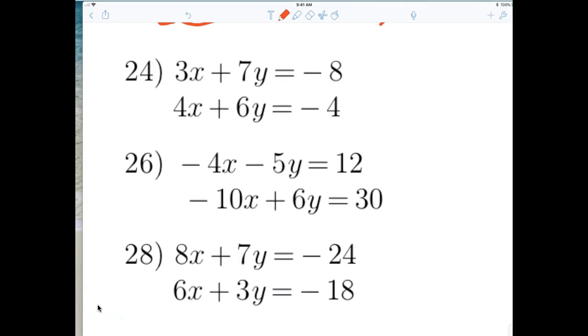All right, so hold your thoughts, and we're going to practice on 24. So first, we're going to multiply the top side by 4 and the bottom side by 3. Now, you're almost correct. The top side by -4. Listen again. One of them has to be negative in order for them to cancel.